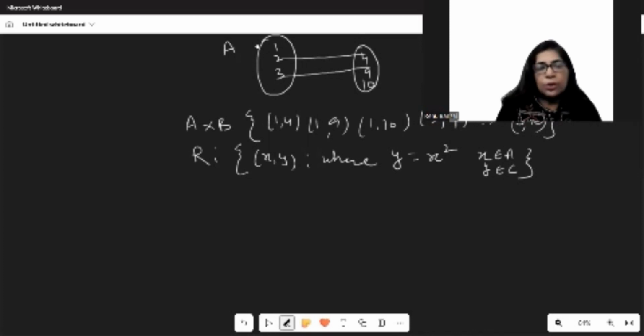So we can consider only 2 elements. So what is the roster form of the relation? (2, 4), (3, 9).